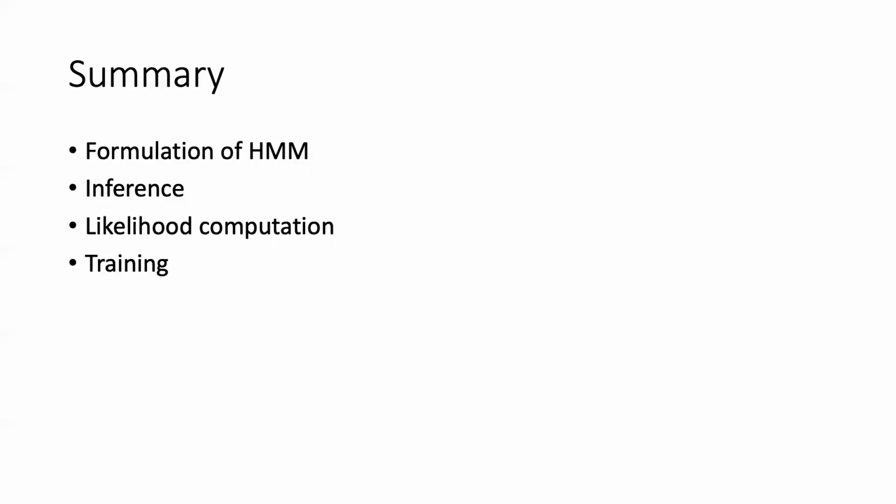And also we discussed the forward algorithm to compute the likelihood of the data using forward and backward probabilities. And finally, we discussed two approaches to estimate the parameters depending upon the availability of labeled data, in supervised and semi-supervised approaches.